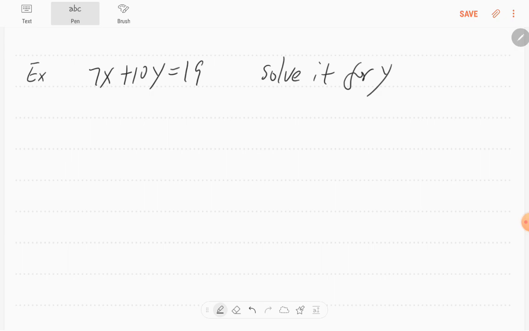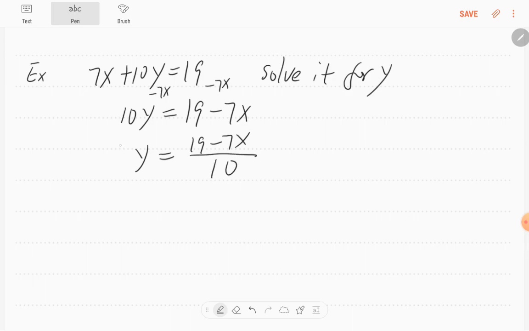We need to isolate y, right? So we subtract 7x on both sides. This would be 10y equals 19 minus 7x. Then we divide by 10. So y equals (19 minus 7x) divided by 10. So this would be your answer, right?